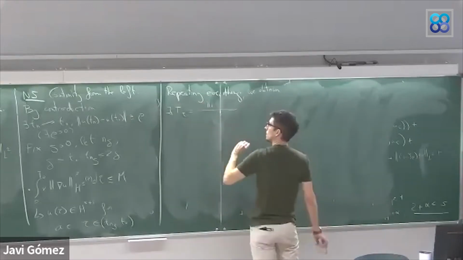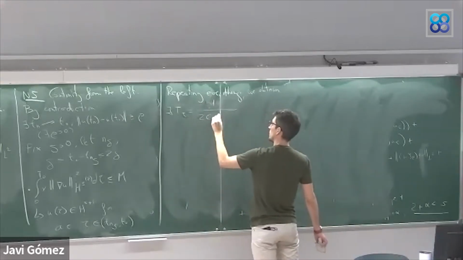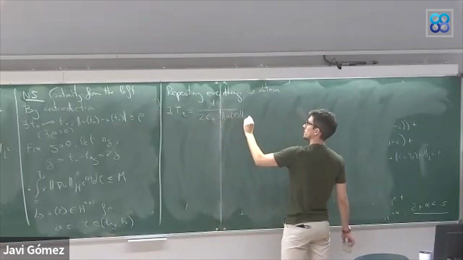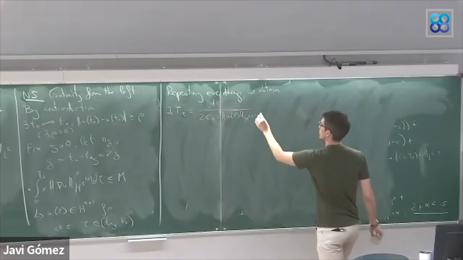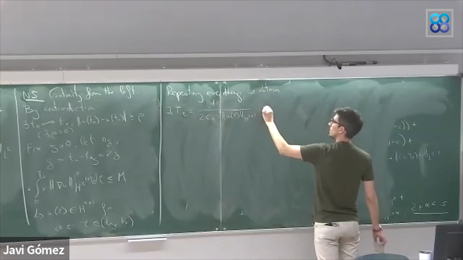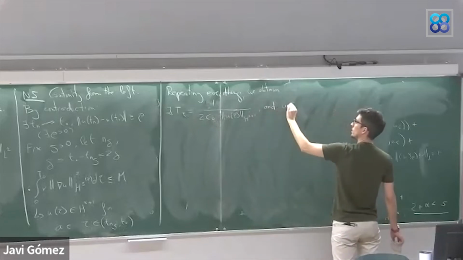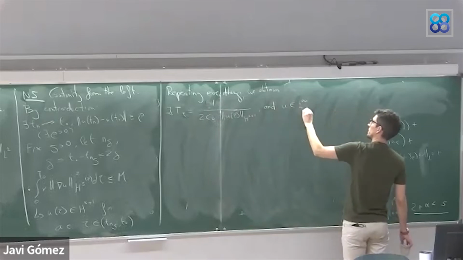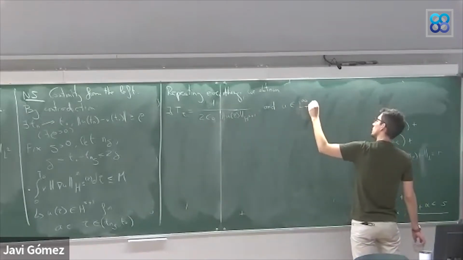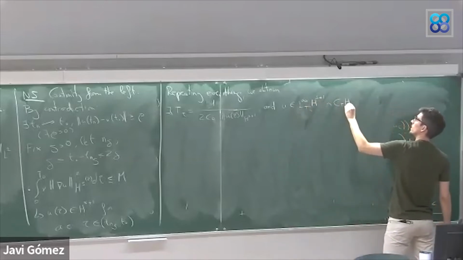Now here u at time tau is in Hs plus 1. And on these time intervals, we have some u which is in L infinity in time, continuous in Hs.